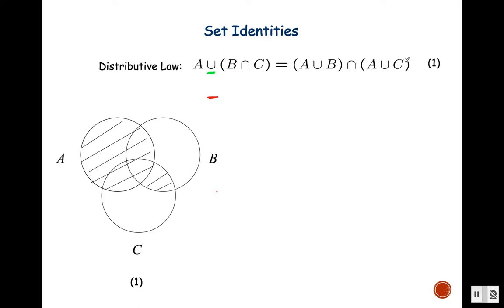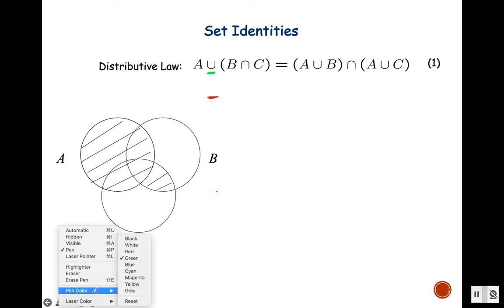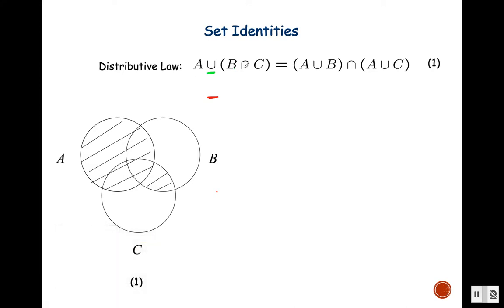We can also prove it by using different colors. So I'm going to show you just for one of them. Okay, then it will be easier for the other laws. So let's use a black color. B intersection C, which is B intersection C?